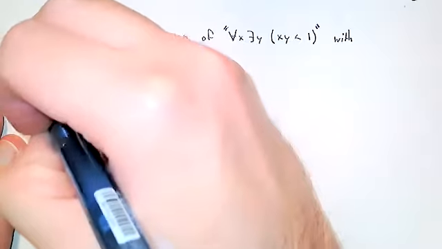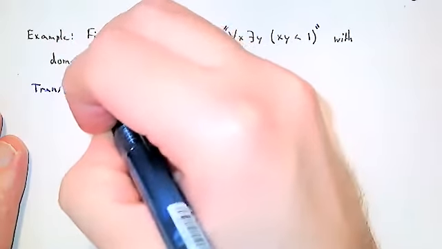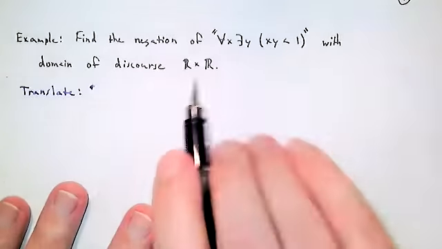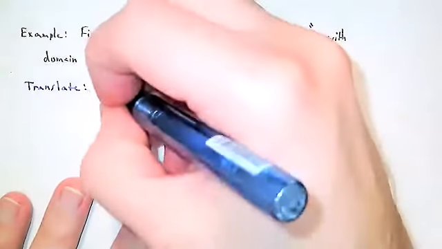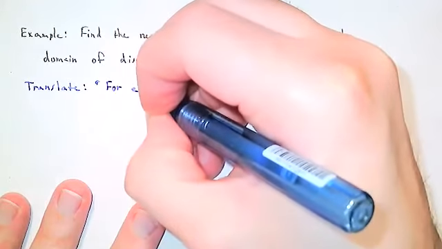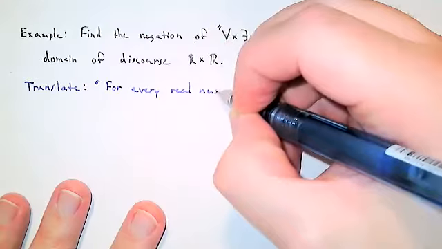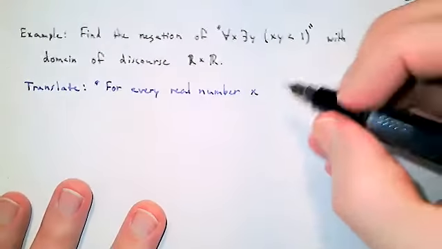So the first thing I want to do is translate this expression into words. And then we'll worry about the negation. We have a universal first, and we're talking about pairs of real numbers for a domain of discourse. So we can start by saying for every real number x, and then we get an existential quantifier.